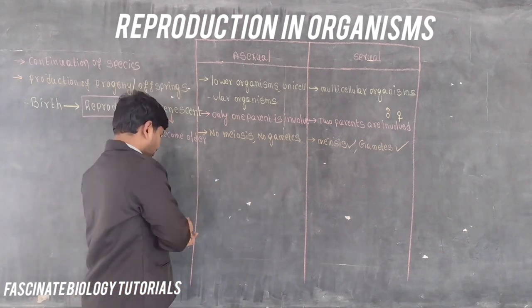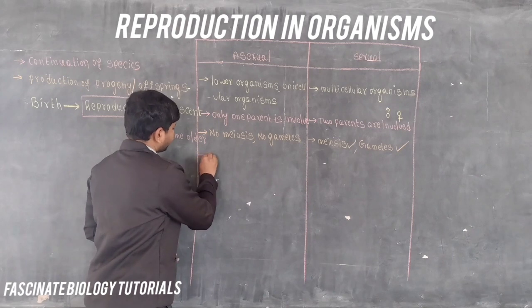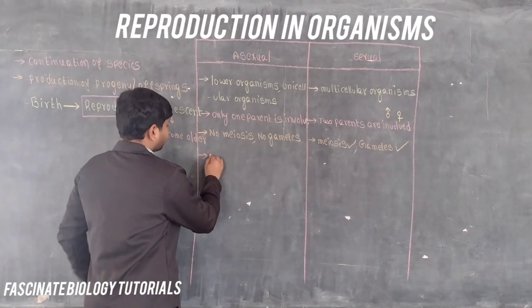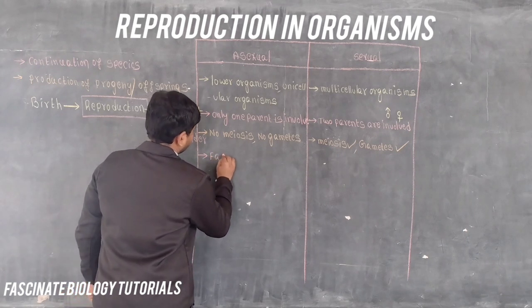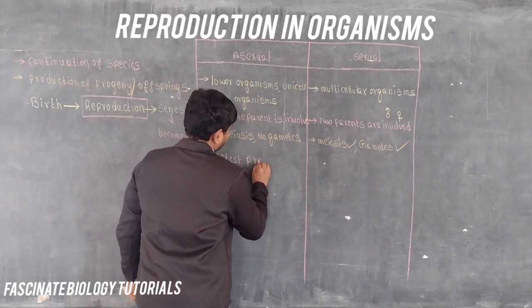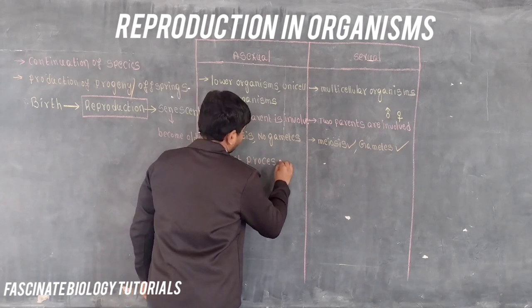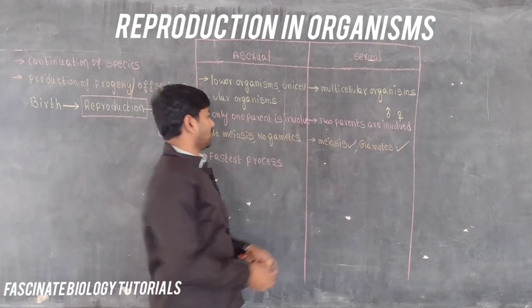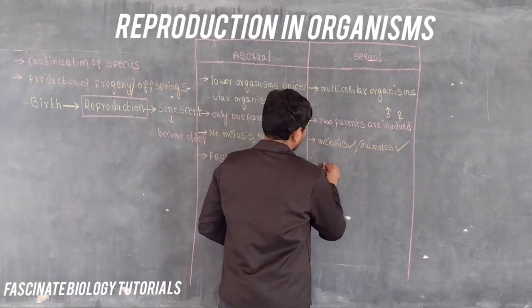Now, in asexual reproduction, one more point is there. It is a faster process compared to sexual reproduction. In sexual reproduction it is the opposite; it is a slow process.